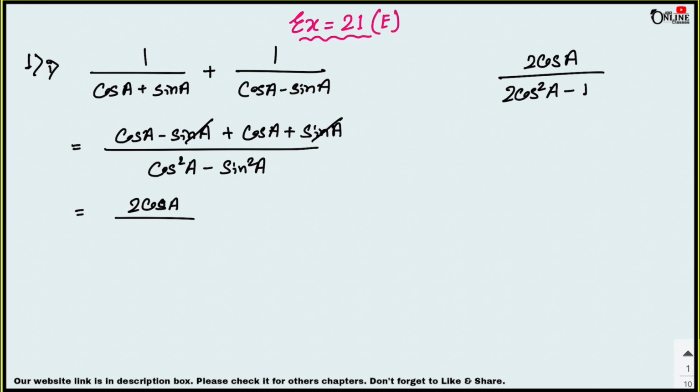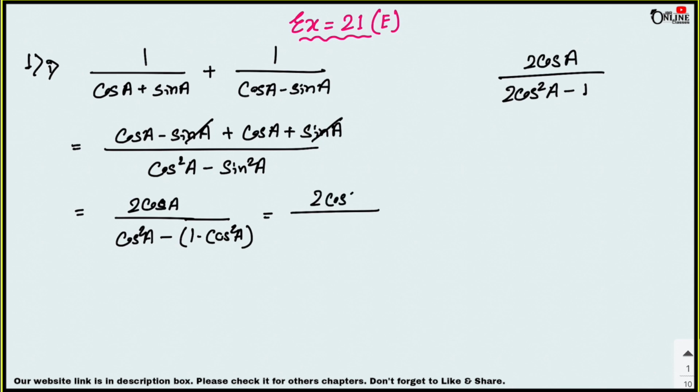Okay, now in the right hand side you have only cos square, okay, in the denominator. So write down here cos square, and in the place of sin square you can write down 1 minus cos square A, because sin square theta equal to 1 minus cos square theta.